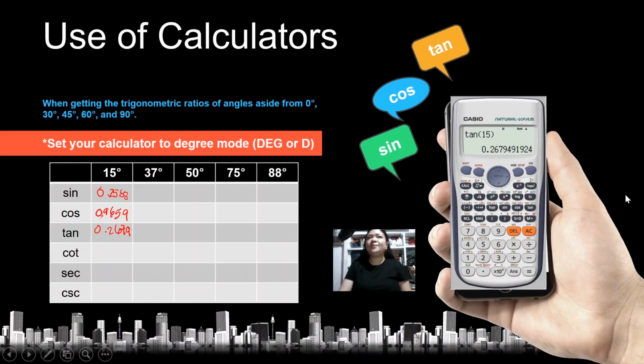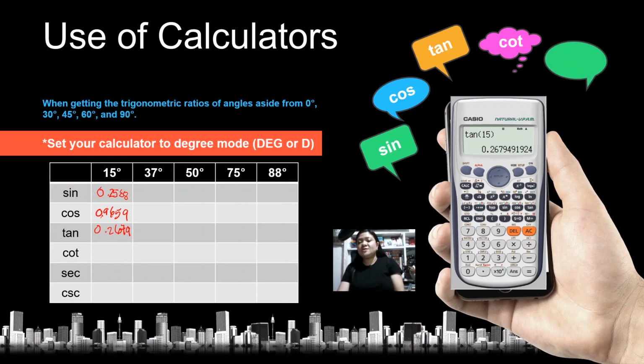Now let us get the reciprocal trigonometric ratios. The reciprocal of tangent is cotangent. The reciprocal of cosine is secant. And the reciprocal of sine is cosecant. Let's start with cotangent 15 degrees. We know that cotangent is the reciprocal of tangent. Therefore, the reciprocal of tangent is 1 over tangent. So we will just type 1 divided by tangent 15 degrees.